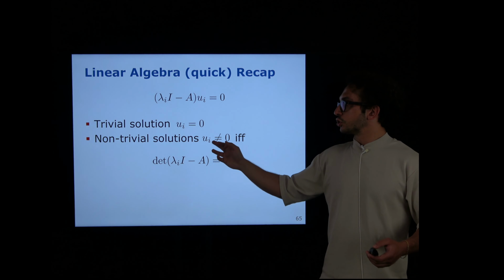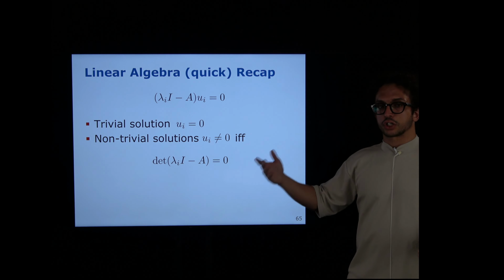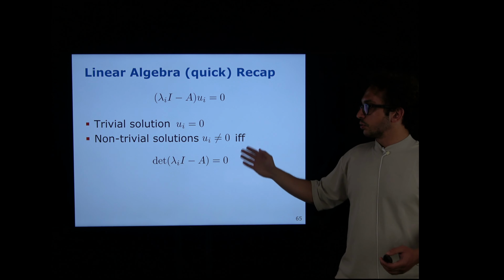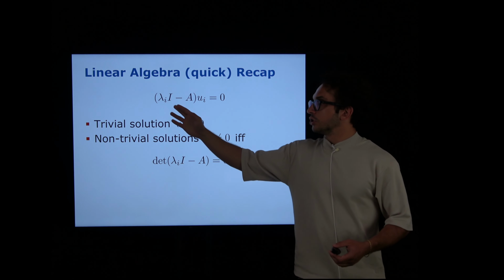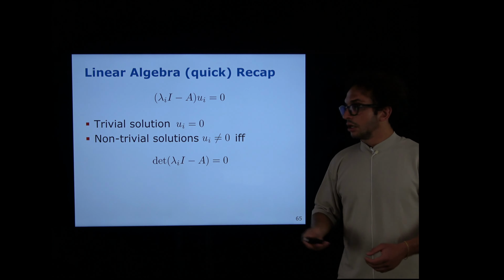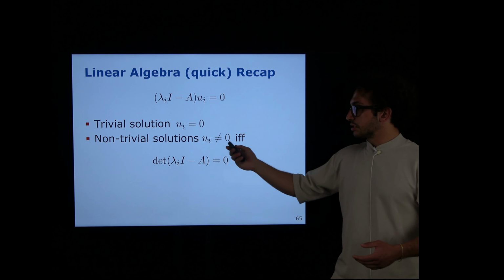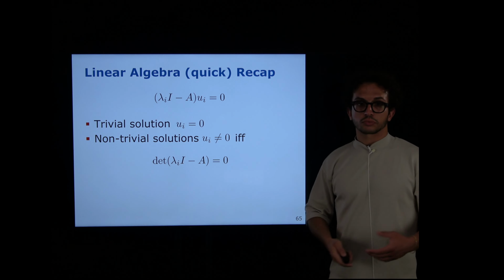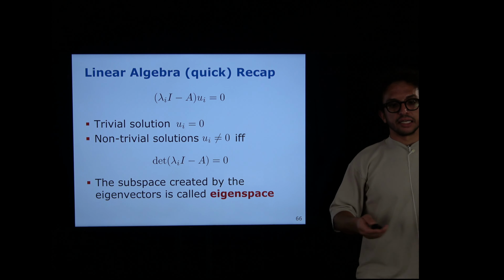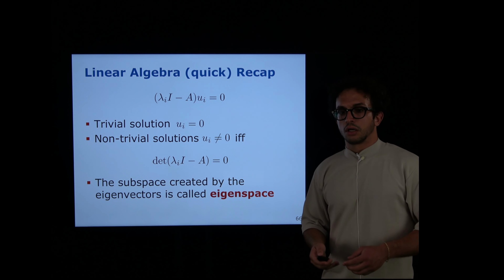The non-trivial solutions, where u is different from 0, so where you actually get an eigenvector, are the ones that we're interested in. With those, you find all the eigenvalues and their associated eigenvectors. This is done by solving the determinant of the matrix, and the eigenvectors that you find from this span a space, which is called the eigenspace of the matrix.